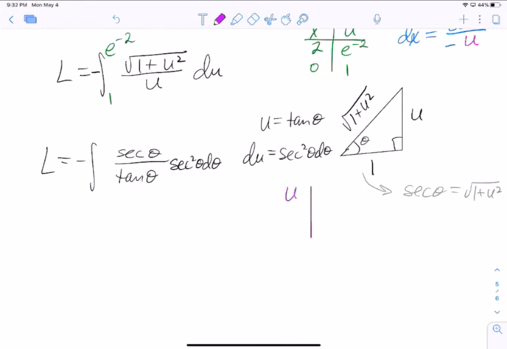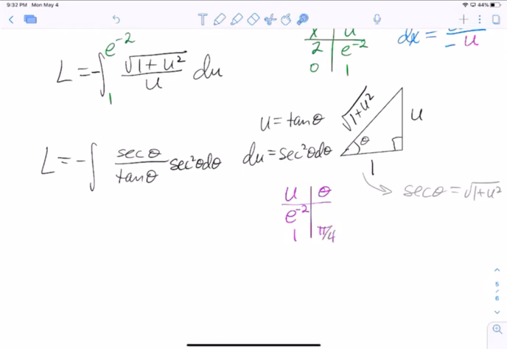Our u went from 1 to e to the negative 2. So now we need to figure out what that means for theta. If u is equal to 1, then theta must be pi over 4, because u is equal to the tangent of theta.